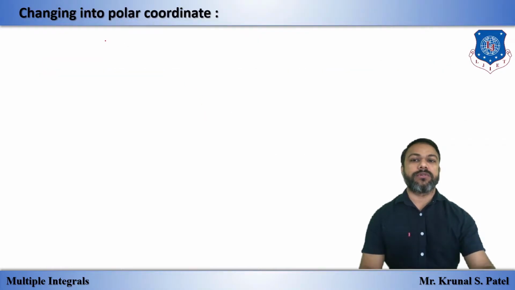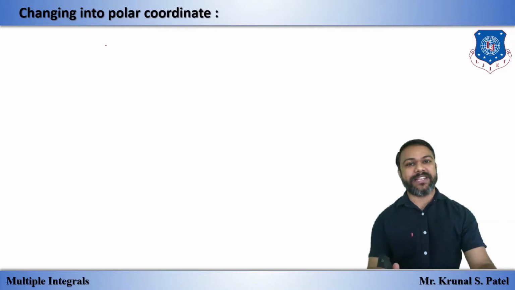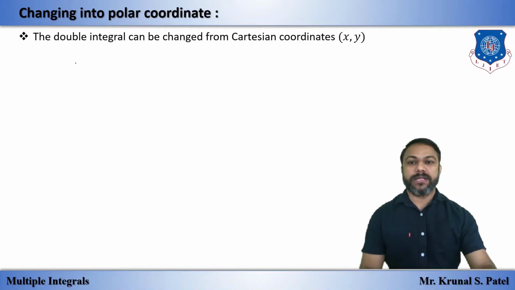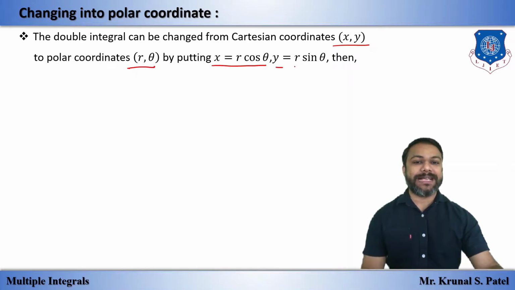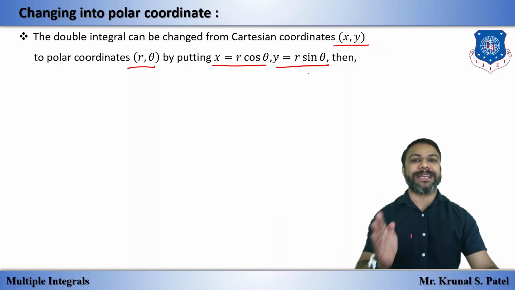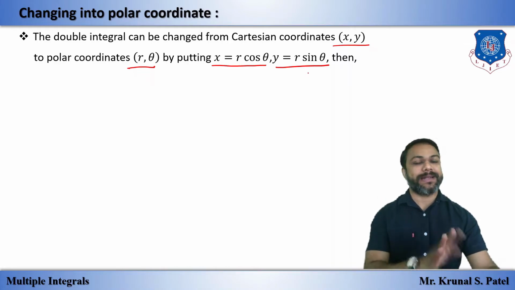Okay, so let's understand how we can change from Cartesian to polar coordinates. A double integration can be changed from Cartesian coordinates x y to polar coordinates r theta by putting x equal to r cos theta and y equal to r sin theta. That means here we also have one transformation which transforms Cartesian coordinates x and y into r and theta.